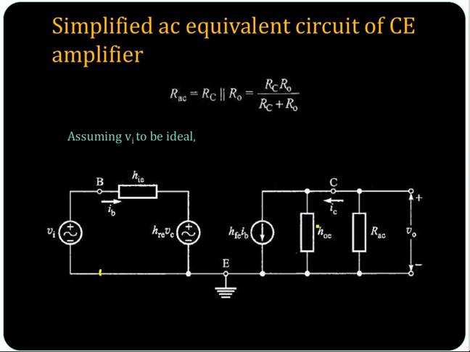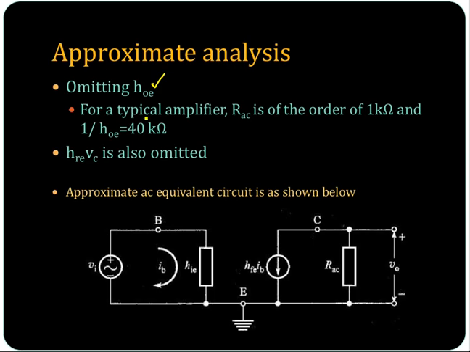So if it is 25 microsiemens, then this is admittance. The equivalent impedance will be 1 by HOE, and that will be equal to 40 kilo ohm. Since these two are connected in parallel, again the approximate value of the parallel combination will be close to 1 kilo ohm itself.